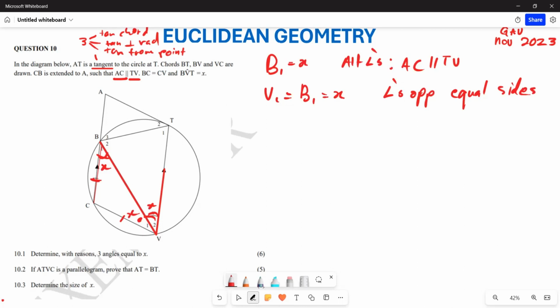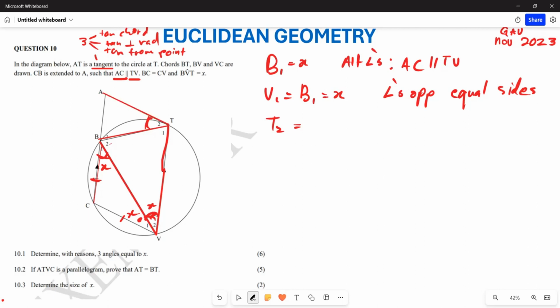Now the last one. Let's look at our angle T2. The T2 is going to be equal to your V2. Remember, this is a tangent. If you look at this particular triangle here, this is the angle subtended by this particular tangent.